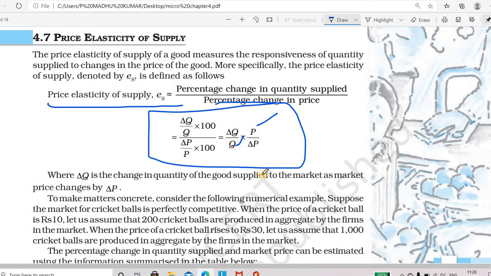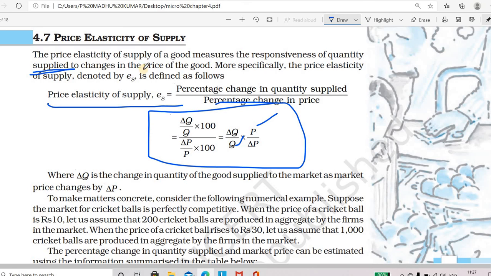The price elasticity of supply of a good measures the responsiveness of quantity supplied to the change in the price of the good.